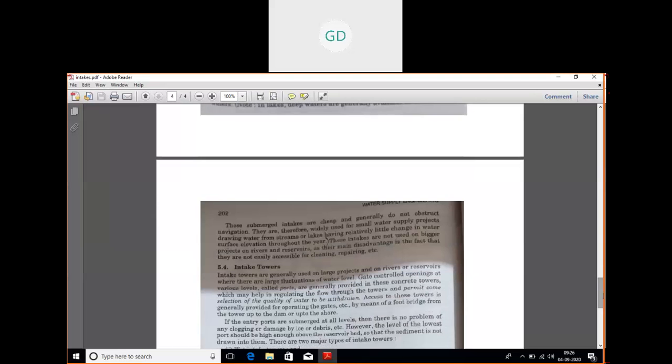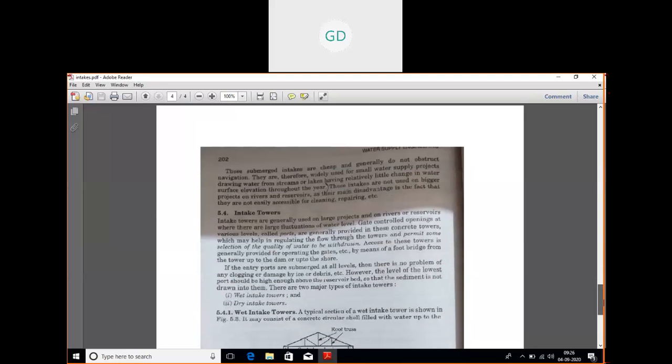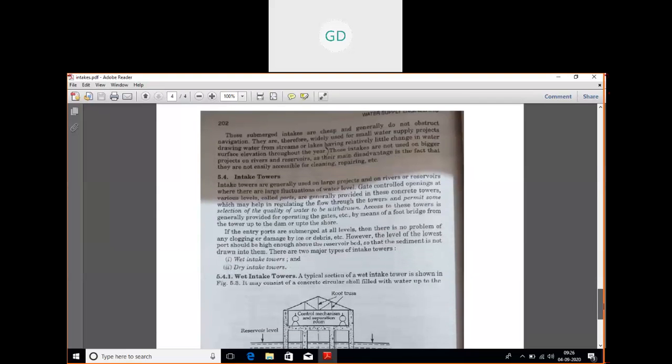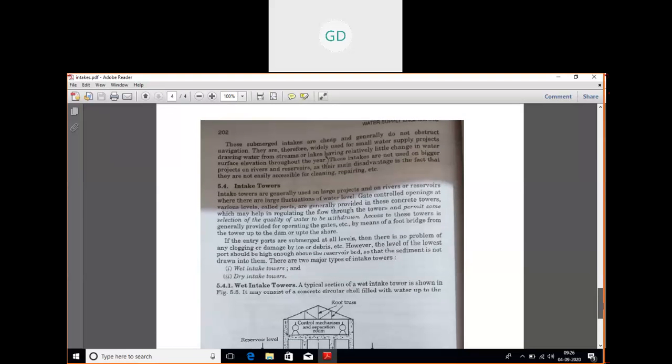Okay. This one you can take the screenshot. Okay. The next type, the intake tower actually, you can take it.